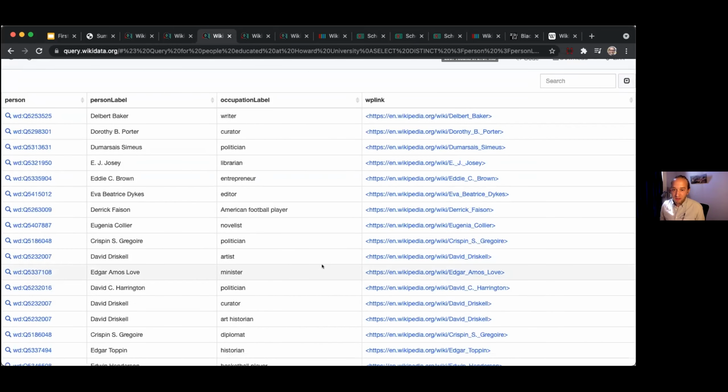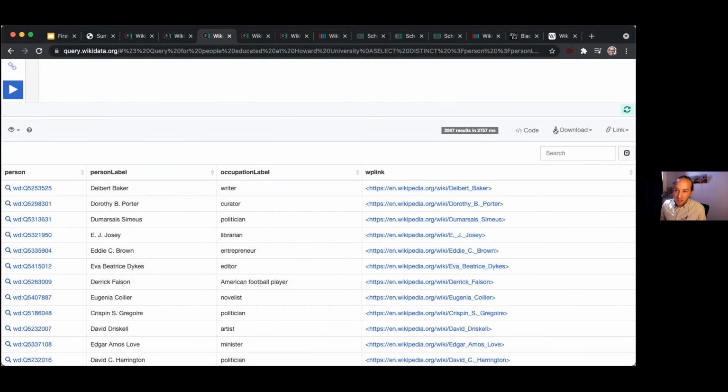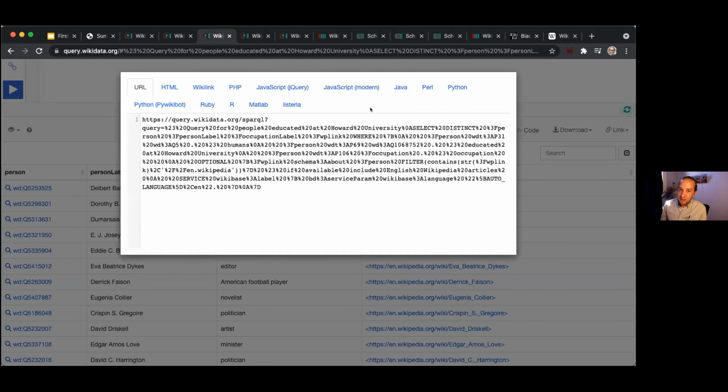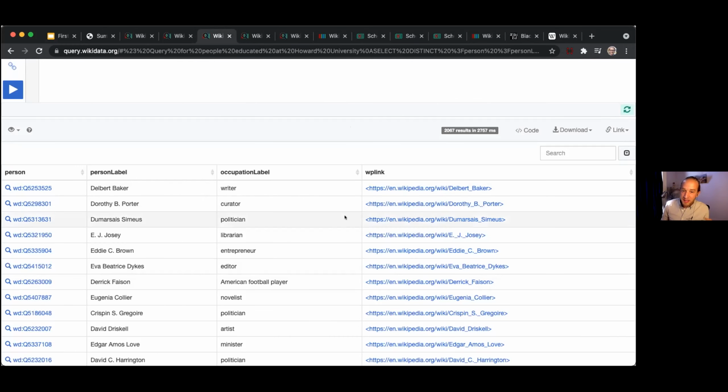So you can gather all of this here. And like I mentioned, you can download all of these results and plug it into a CSV file. You can analyze it using any sort of code that you want. You can also embed this using this code button in all of these different languages. So it will spit out this query in Python or in Ruby or in R or in HTML if you want to embed it on a website. But like I said, it's really easy to manipulate all of these different queries.